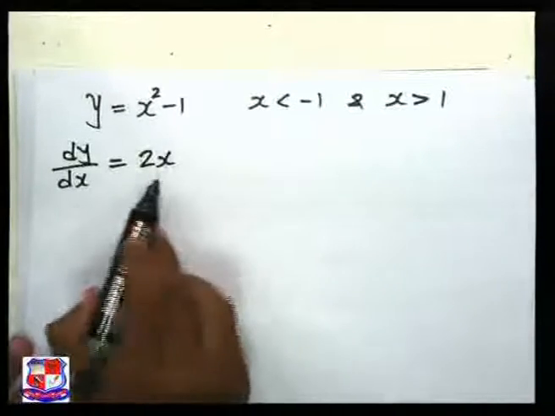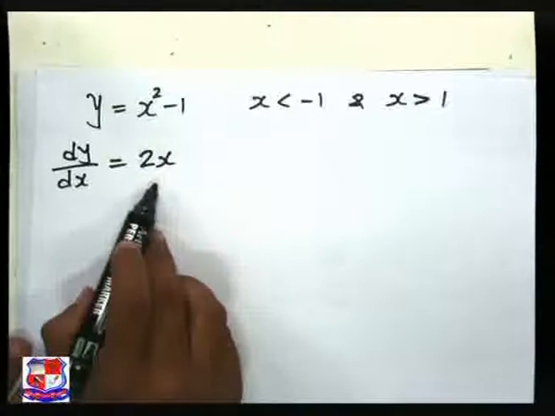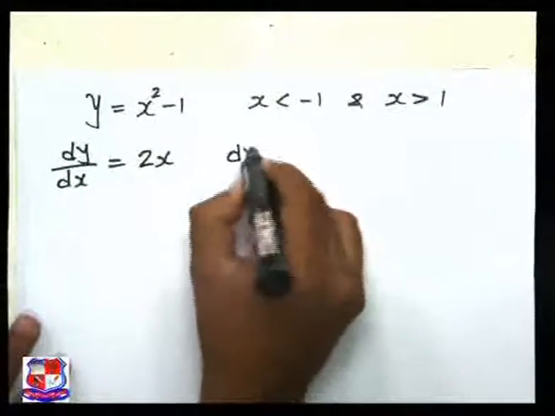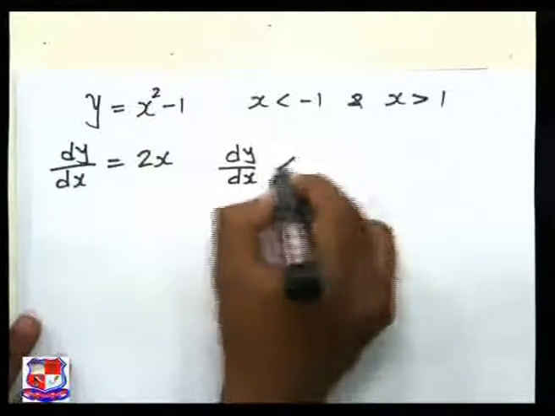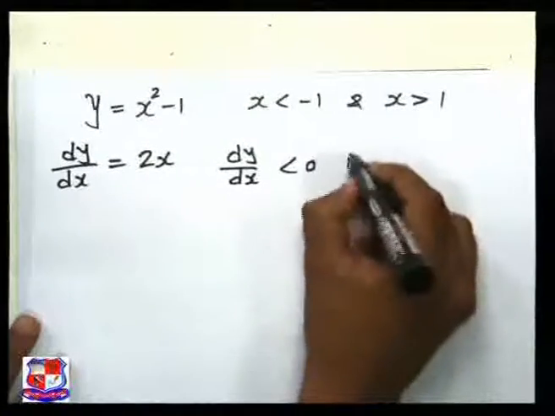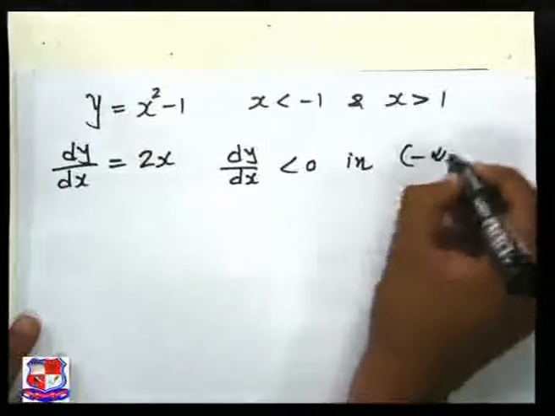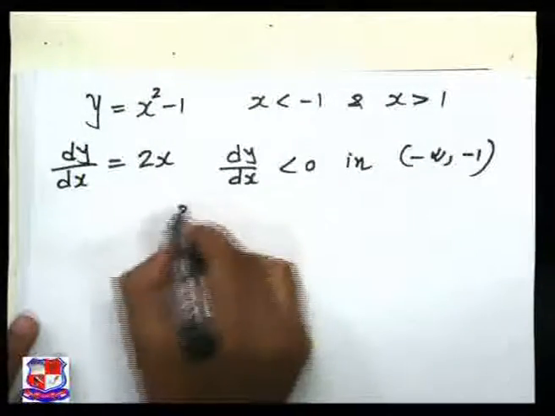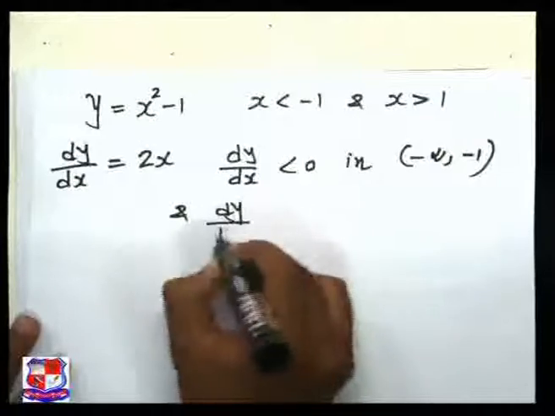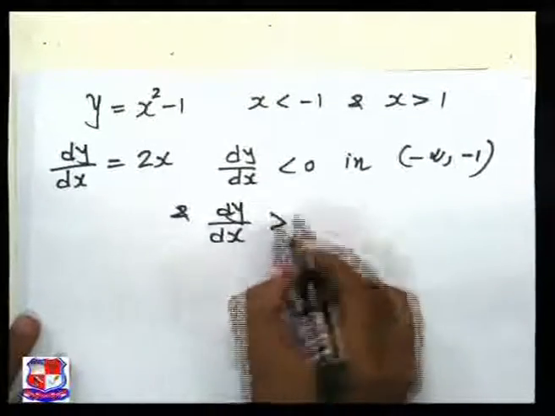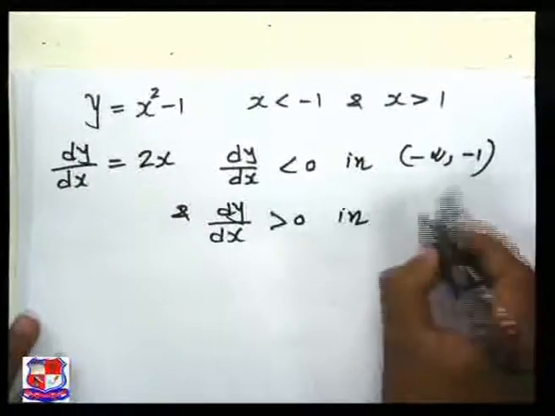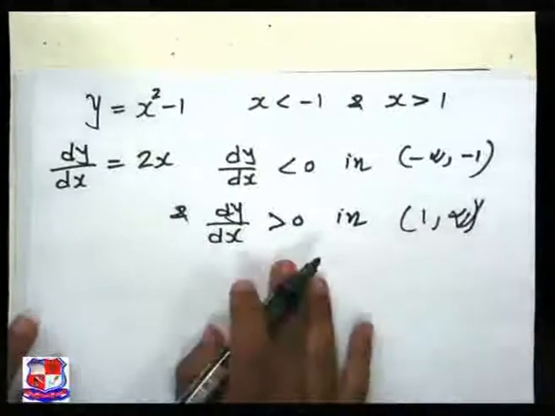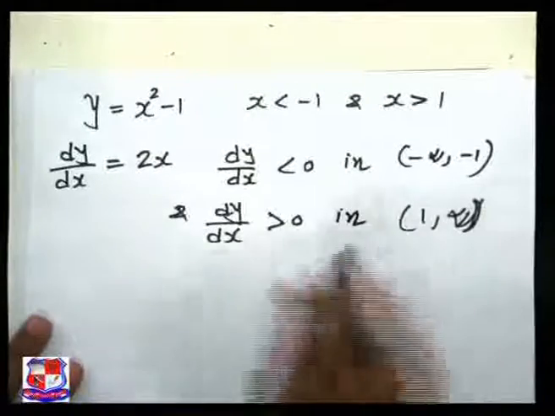Now when dy by dx is 2x, the dy by dx is less than 0 in minus infinite to minus 1, and dy by dx is greater than 0 in 1 to infinite. Okay, 1 to infinite.